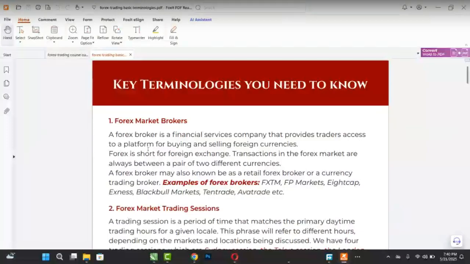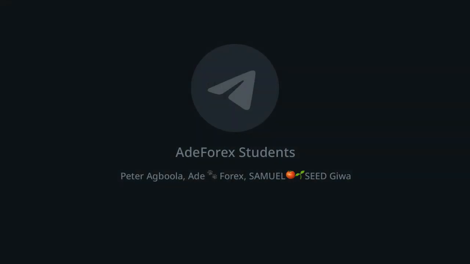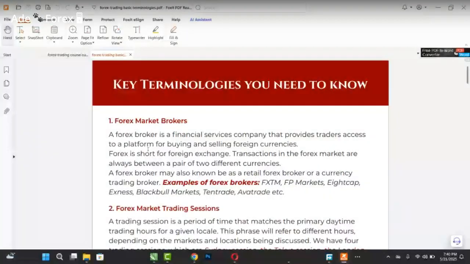So we can categorize them as a bank. We deposit there, we can withdraw, you want to take a loan, you understand? So this is what a forex broker is. Forex is short for foreign exchange. A forex broker may also be known as a retail forex broker or a currency trading broker.